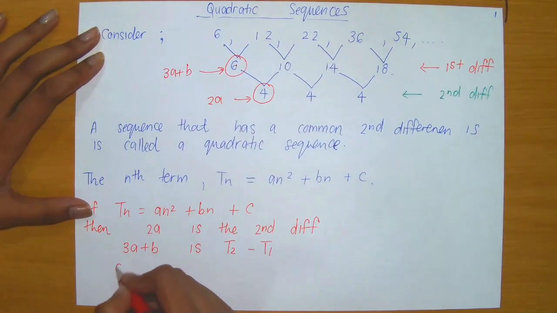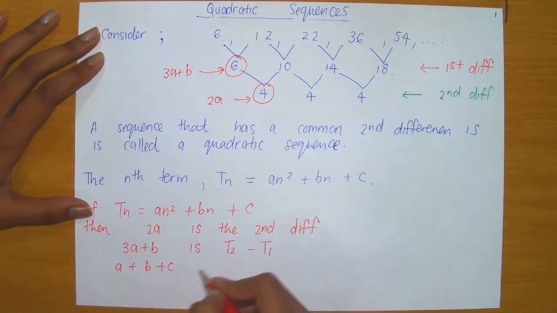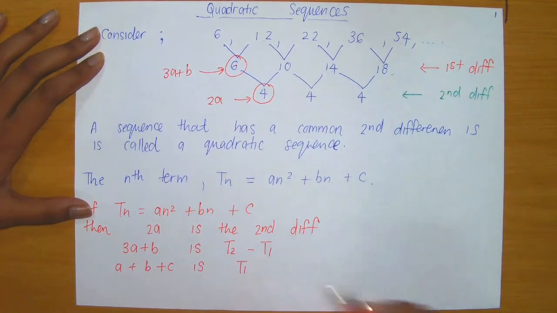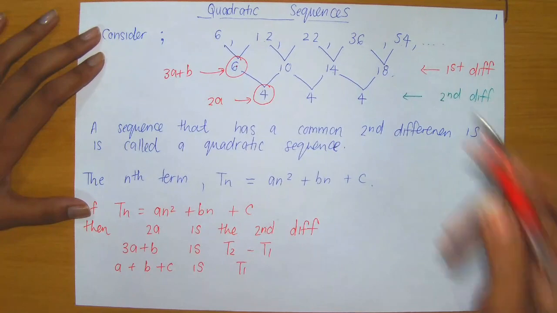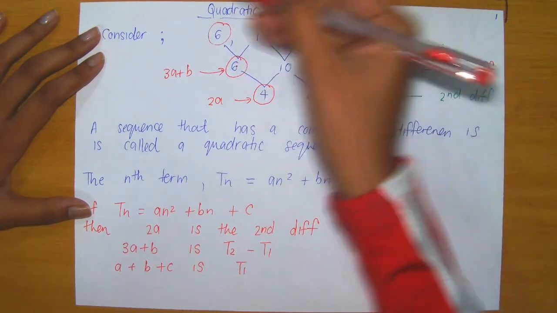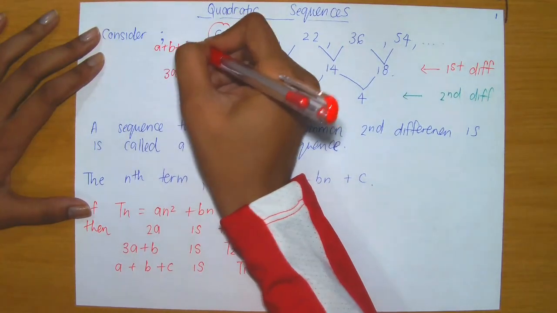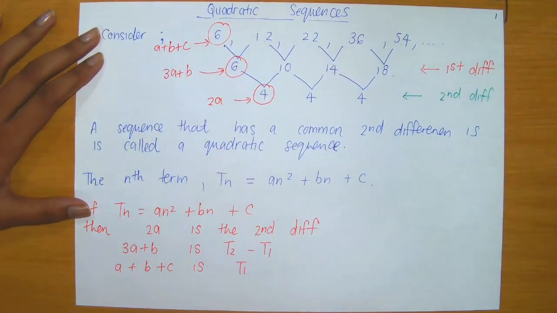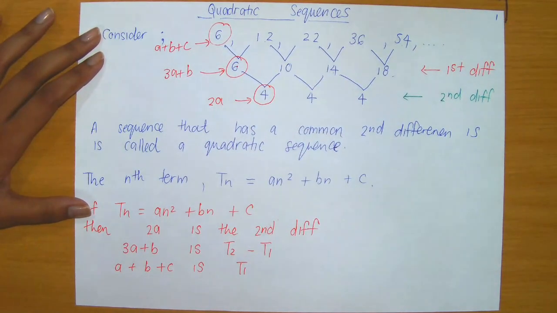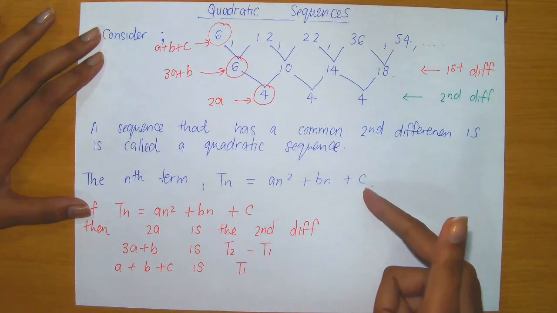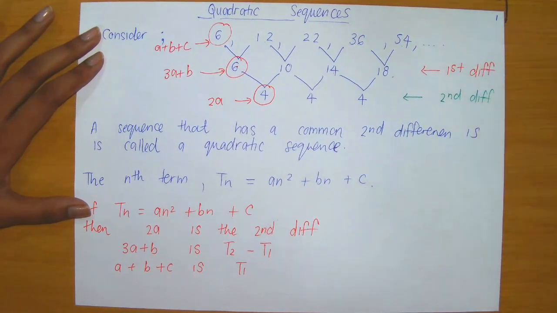And finally, a plus b plus c is equal to the first term in the original sequence. So here's our first term in the original sequence. That means that 6 is equal to a plus b plus c. Using this information, we can now solve and obtain the general term for this original sequence.